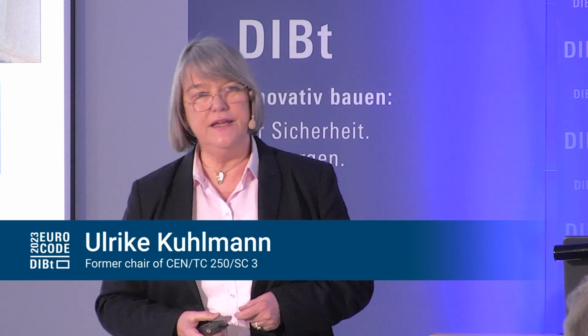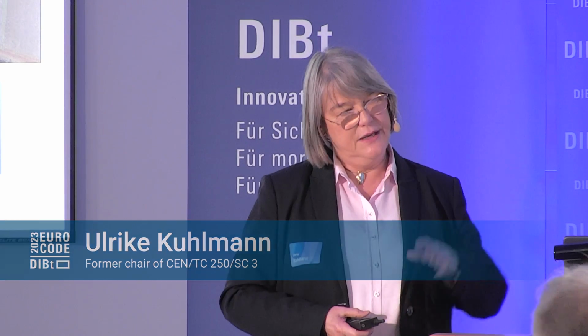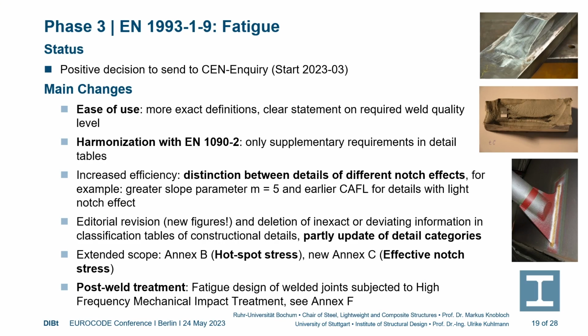Coming to phase 3, fatigue is involved in that. That is Part 1-9. Here we are at the moment in the Enquiry stage. So the Enquiry is running. Also we have ease of use in view of more exact definitions, clear statements, for example, on the required weld quality.